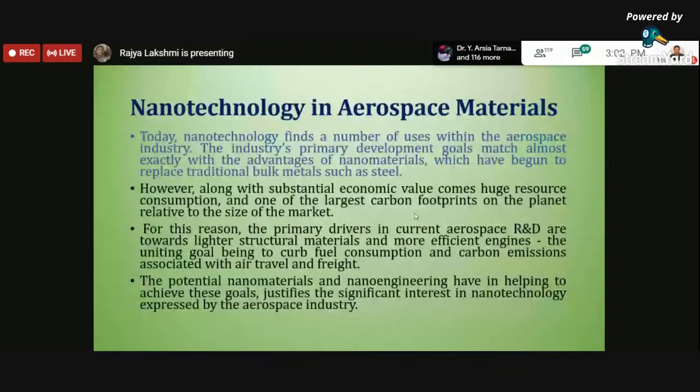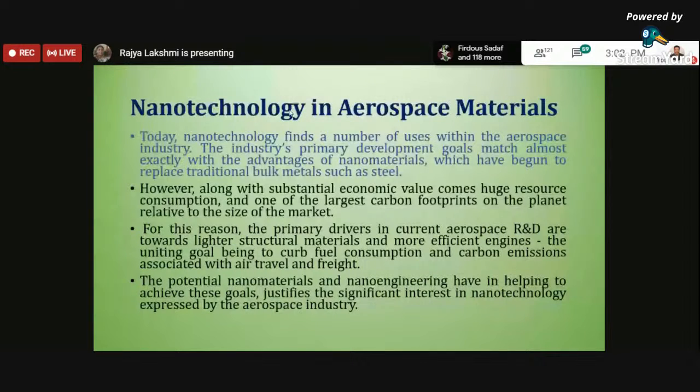That is why nanotechnology is showing a lot of impact on improving aerospace material properties, especially in improving strength-to-weight ratio. So the material will be light in weight, but strength is not compromised. It will give the maximum possible strength, whatever is required. At the same time, people are trying to reduce the weight, and they have succeeded in reducing the weight because of adoption of nanotechnology.